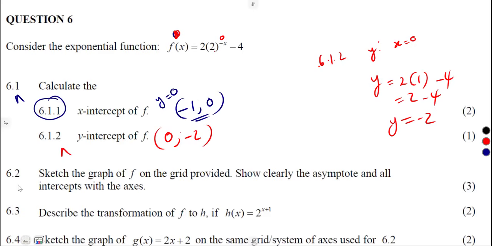Then sketch this graph. So we need the asymptote in order for us to sketch this graph. So what is our asymptote? The first one is going to be here, the y value at -4. So that is going to be at -4. That's an asymptote for an exponential function. The x is not affected. So the shape, that's a negative.